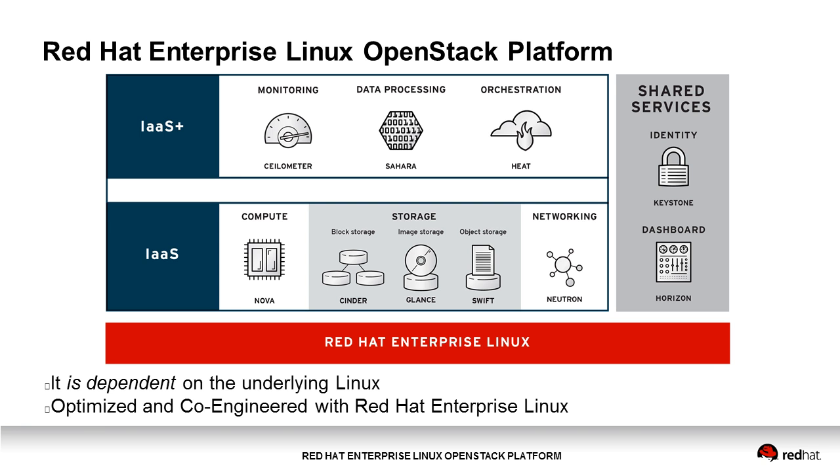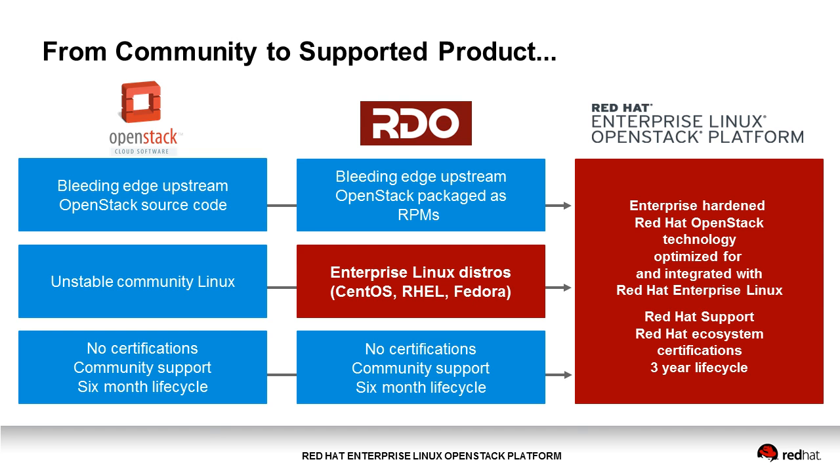So let's move on and learn a little bit more about how Red Hat releases. If you're familiar with the open source process, upstream OpenStack releases their technology every 6 months through a series of meetings and processes. They release source code. Red Hat takes that source code and recompiles it into a very consumable version. It's our upstream project, open source. Of course, you can download it, you can play with it. It's called RDO.